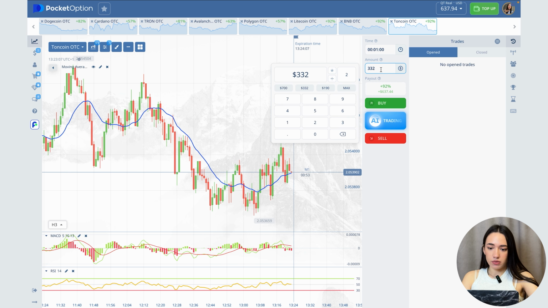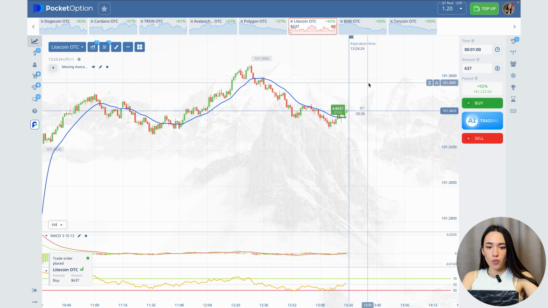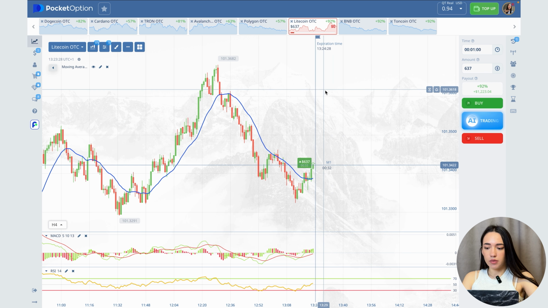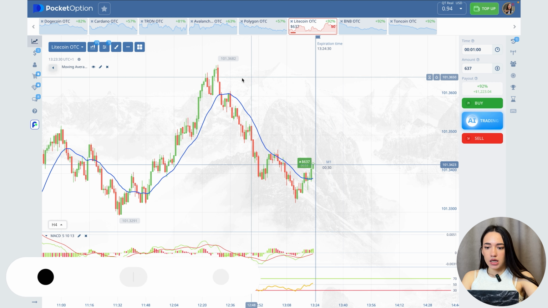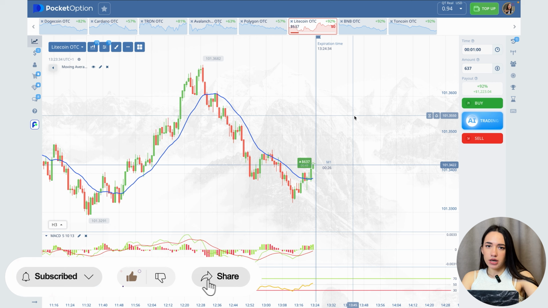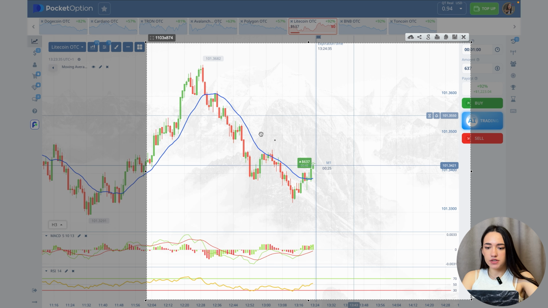So now let's move on and enter the next one with a higher amount. And now we're opening a call trade after a prolonged pullback. And I see that it's possibly even a correction here, because I believe that the trend is shifting back upwards.